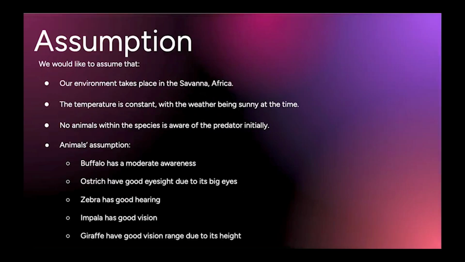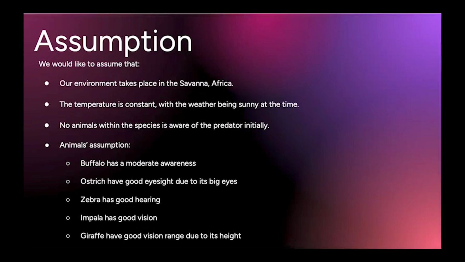To make the model manageable, we assume that our environment takes place in the African savanna under constant temperature and sunny weather so that external factors like rain and winds don't affect sensory skills. Initially, no animal is aware of the predator.